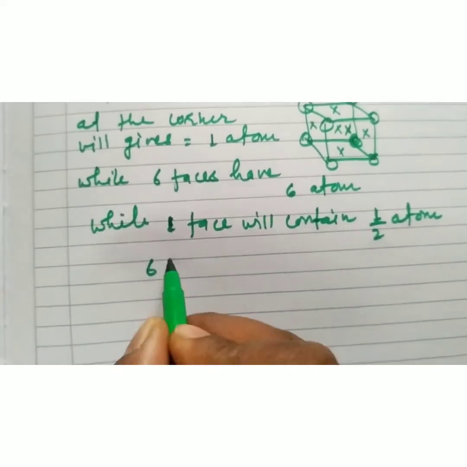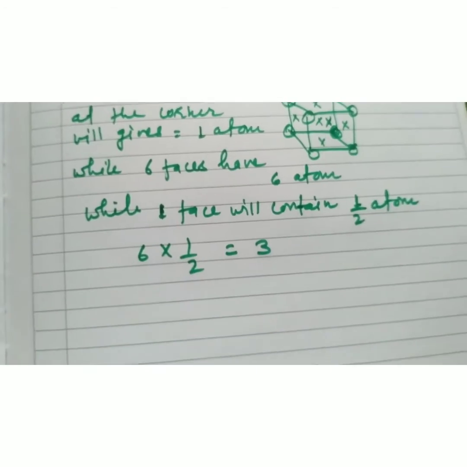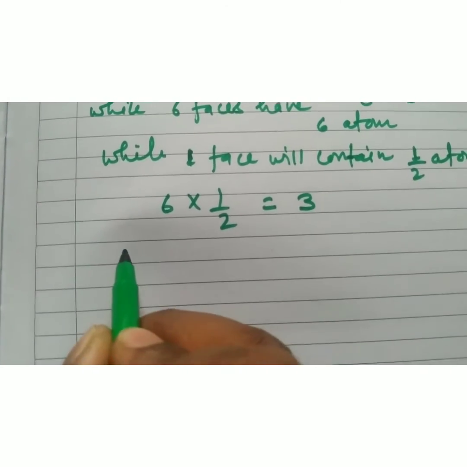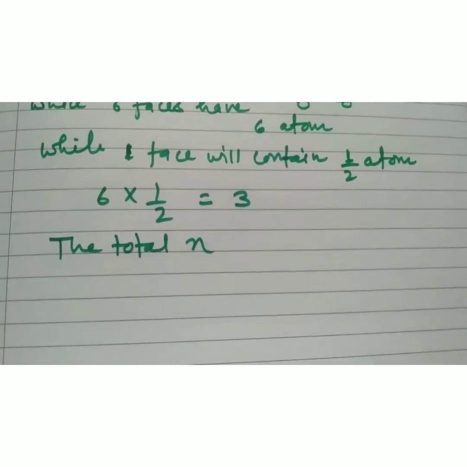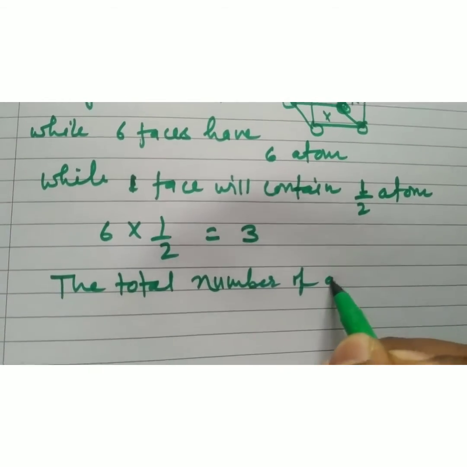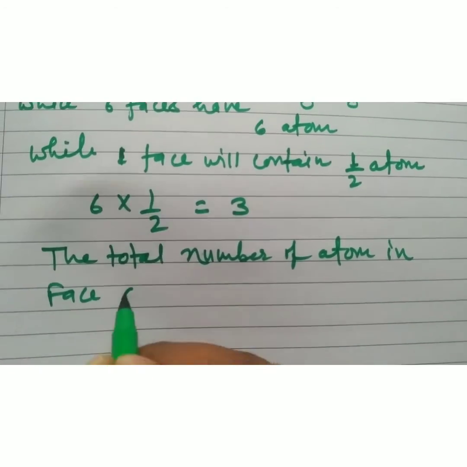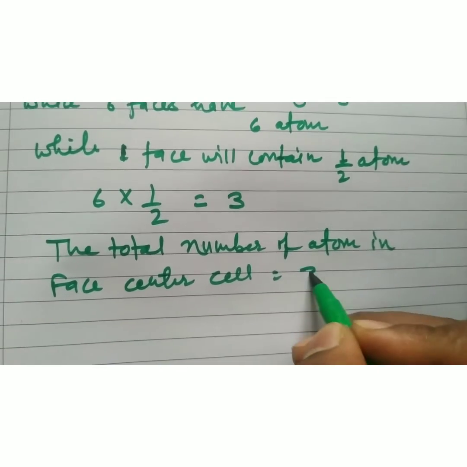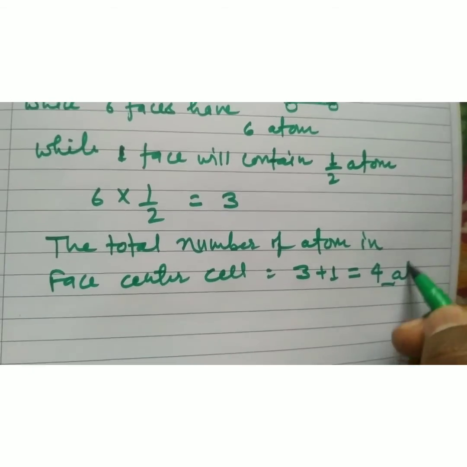So 6 faces contain 6 multiplied by 1/2 equals 3. So the total number of atoms in the face centered cell equals 3 plus 1 equals 4 atoms.